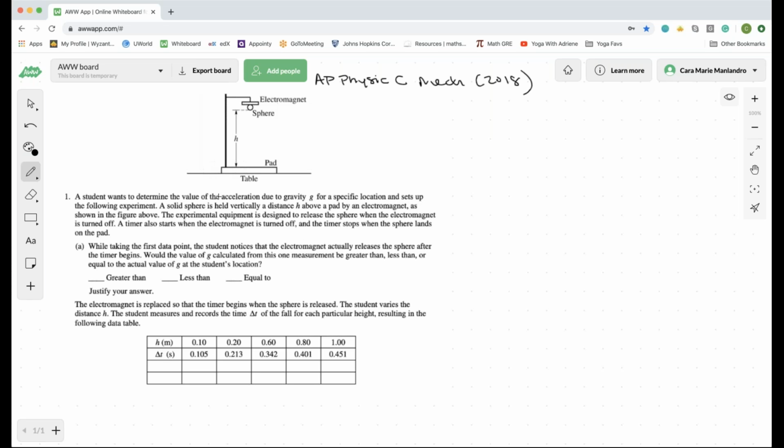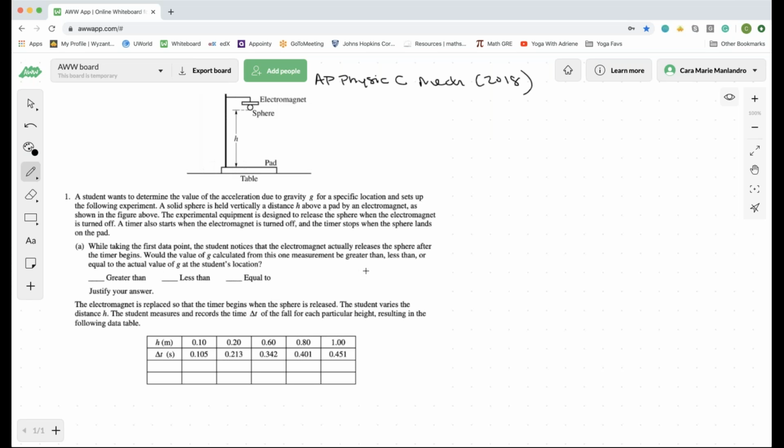A solid sphere is held vertically at a distance h, and the student releases the sphere when the electromagnet is off, and then starts a timer. When taking the first data point, the student notices that the electromagnet actually releases the sphere after the timer begins. Would the value of g be greater than, less than, or equal to the accepted value?